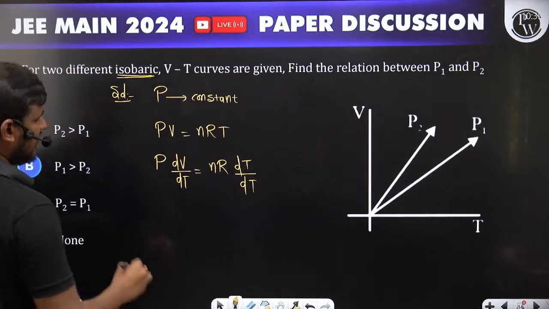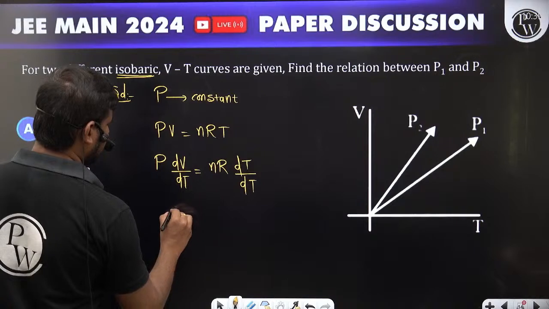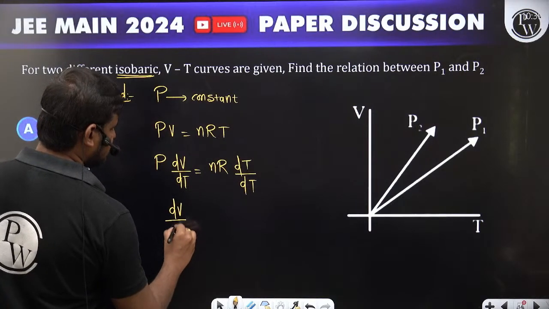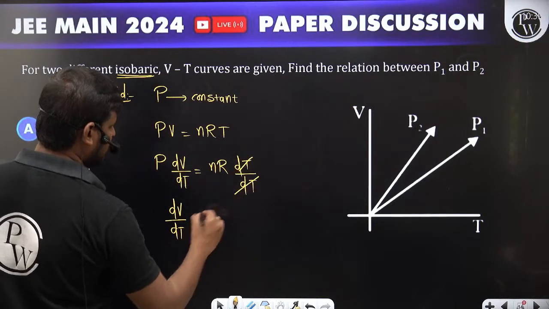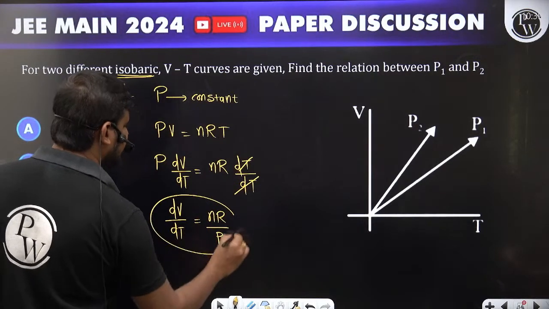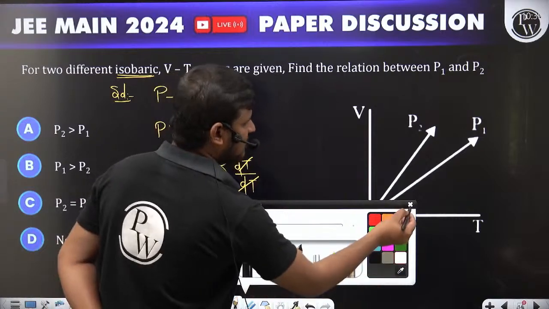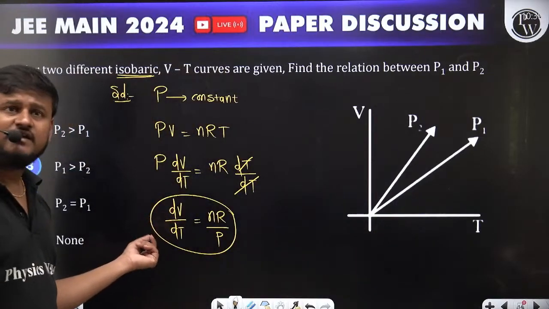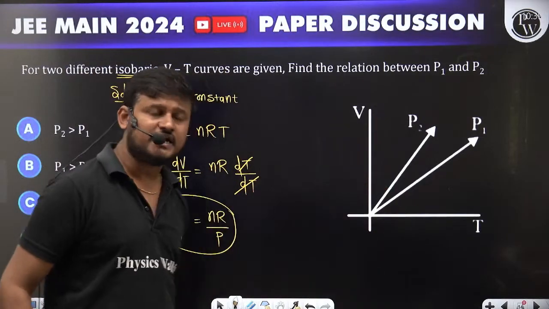Then nR is the constant, and dT by dT is 1, so we get dV by dT is equal to nR by P. What is dV by dT? dV by dT is nothing but the slope of the VT curve.